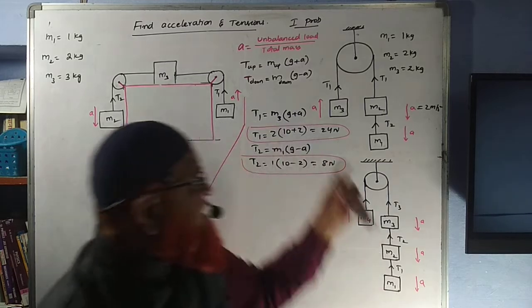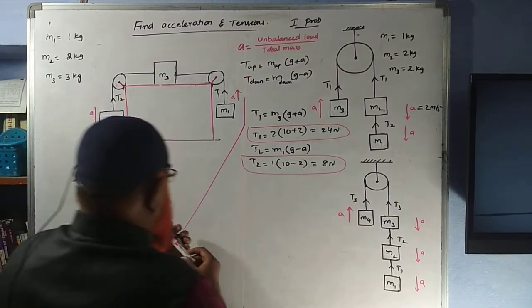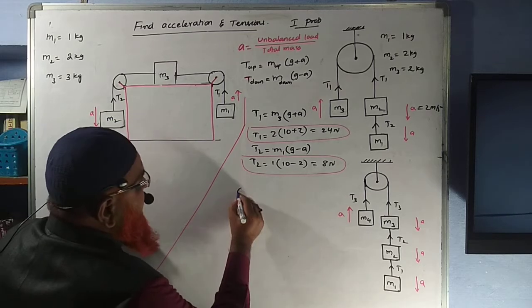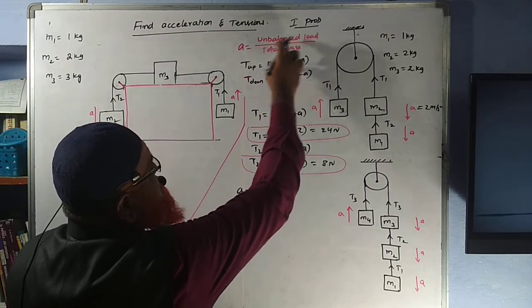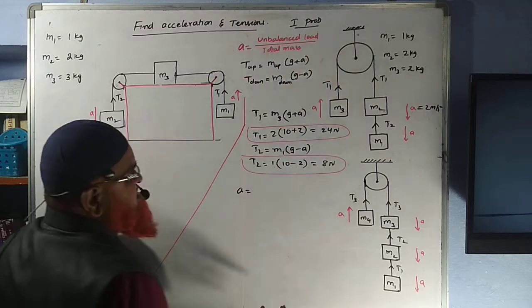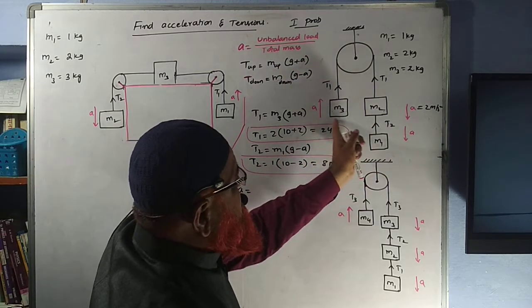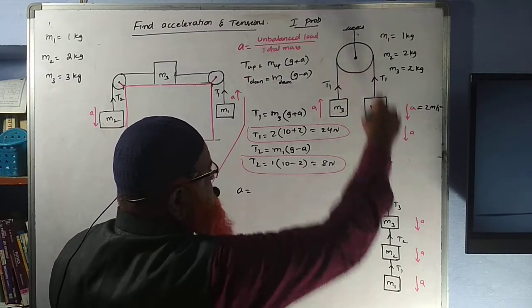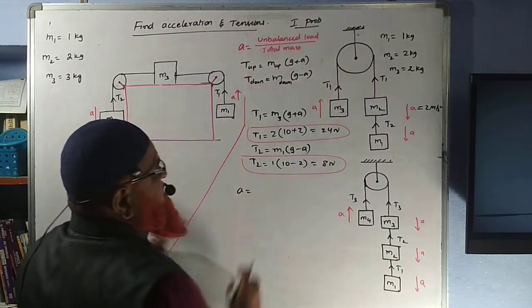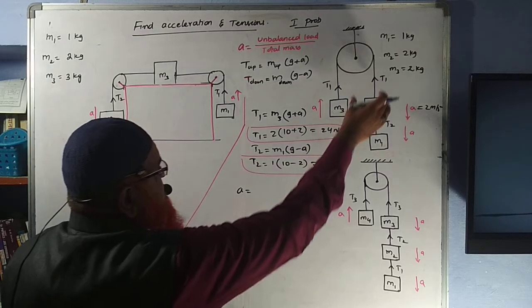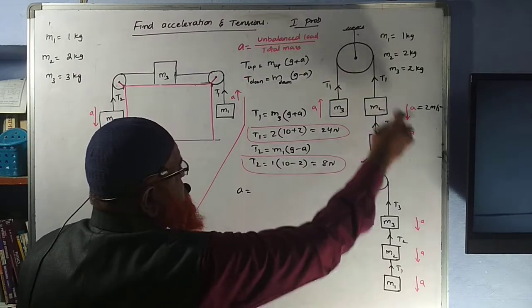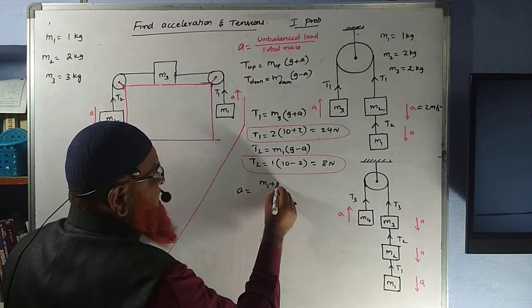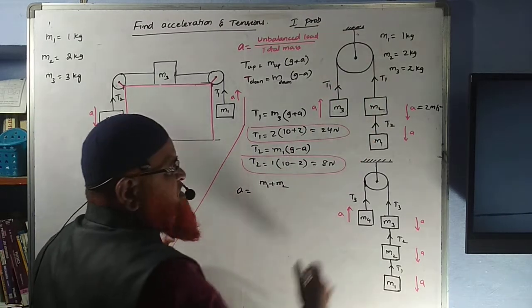Okay, so let us take an example of this now. So here you have to find out acceleration. Acceleration of body is nothing but unbalanced load by total mass. What do you mean by unbalanced here? These are the ones which are hanging and these are moving down. This is moving up here. So unbalanced means you have to consider these two masses as positive because they are moving towards the earth.